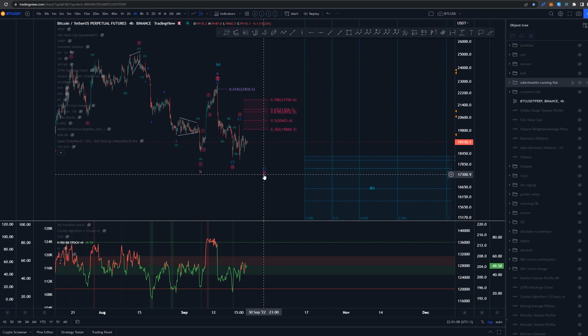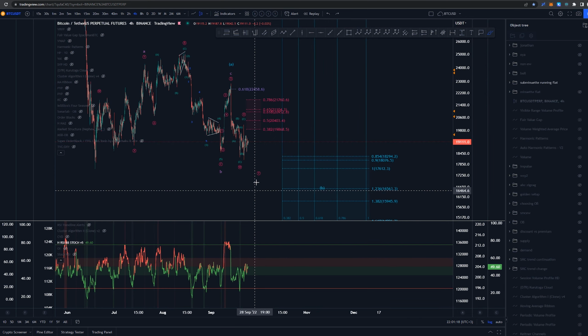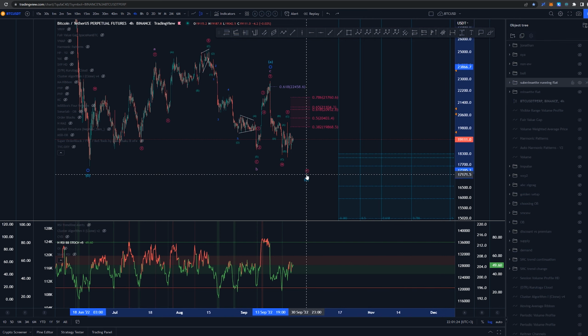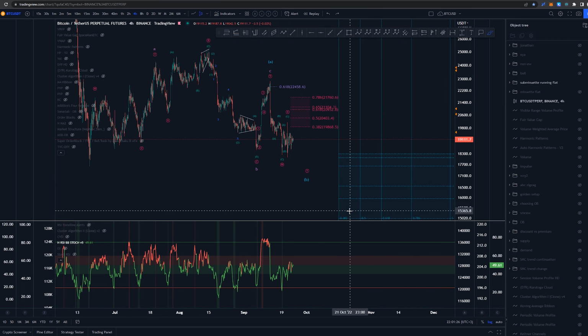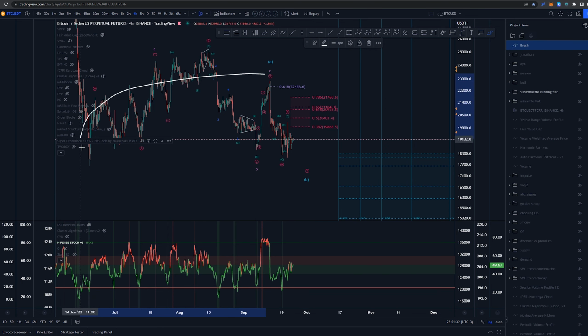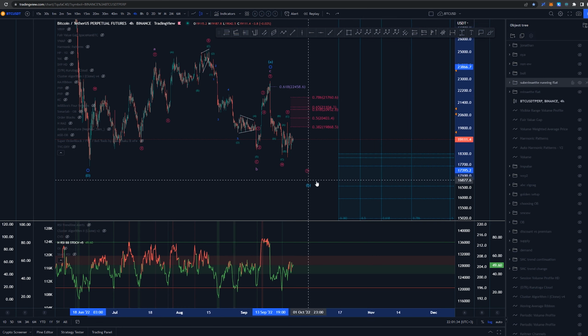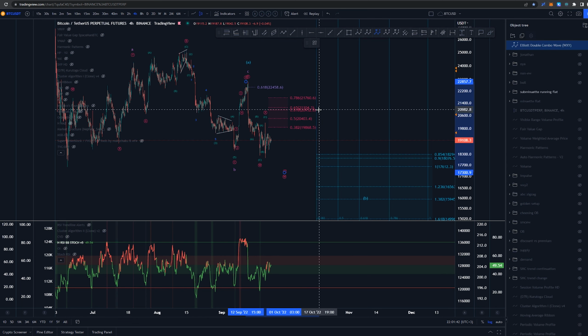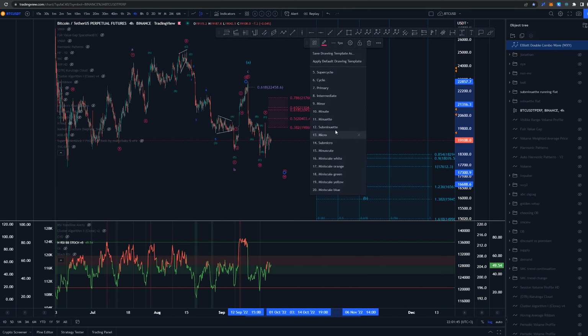Now, the reason why I've labeled this as a microstructure and not a sub-minuette structure is just because, again, the wave length here would be so small in comparison to this wave A. If we were to put wave B here, where we would expect wave Y to end, then we would not even reach a third of the time that we used to create this wave A. So that's why I'm thinking that instead of having this as a sub-minuette structure, it's actually a micro, and only then we would have this as a WXY doing something like this.